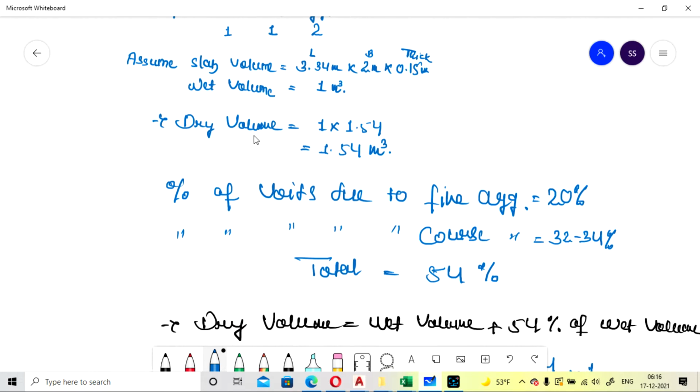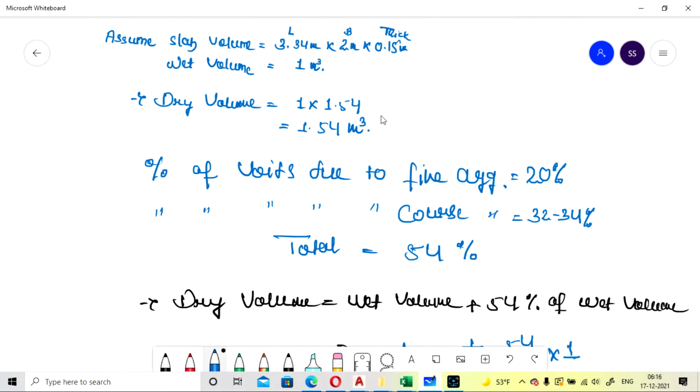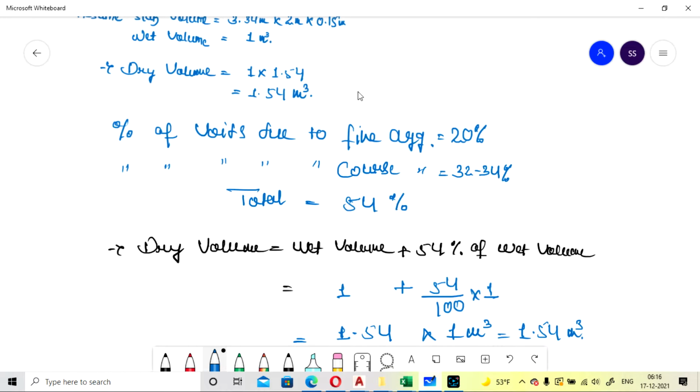So you have to multiply your wet volume by 1.54. So our dry volume will come as 1.54. And what is 1.54, how it is calculated, I will also show you. We have to assume that the percentage of voids due to fine aggregate is 20%, and the percentage of voids due to the coarse aggregate is between 32 to 34%.